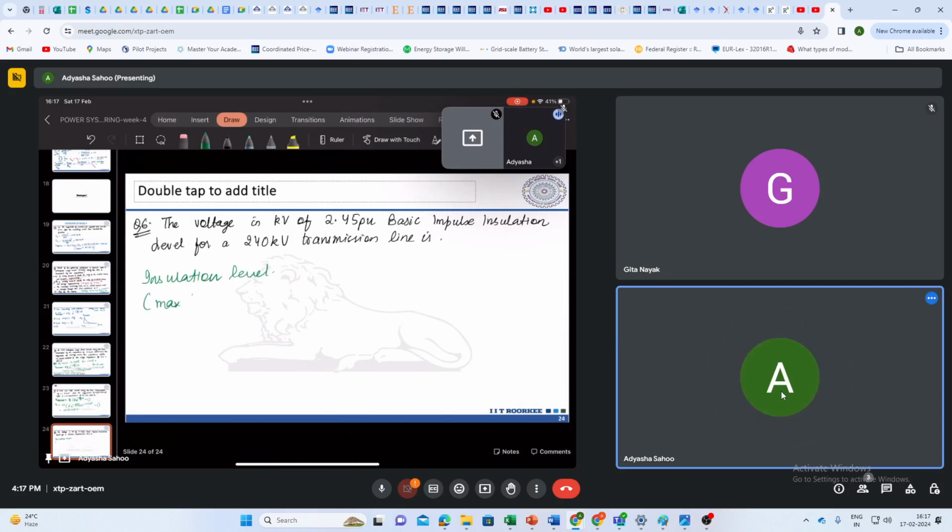Maximum or peak value of voltage we need to calculate here.